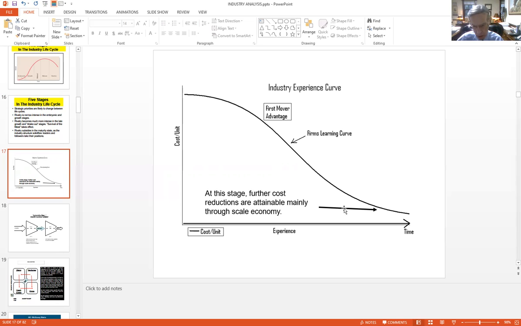However, notice what happens is that eventually we come to the end of the curve. So the first mover's here, the second mover's here, the third mover's here, the fourth mover's here, and all the competitive advantages have been competed away. And so when the industry becomes mature, first mover advantages and the benefits of learning are kind of used up.